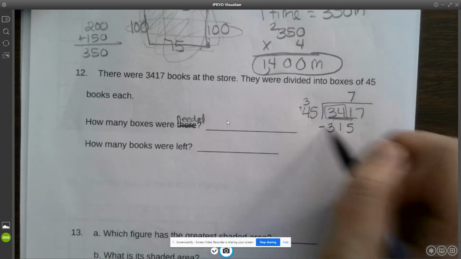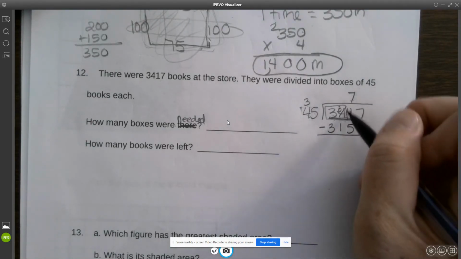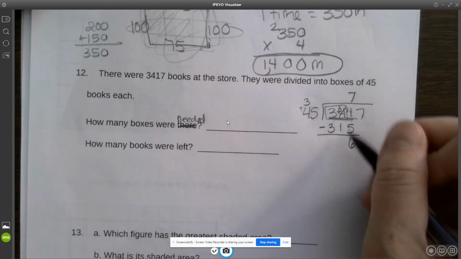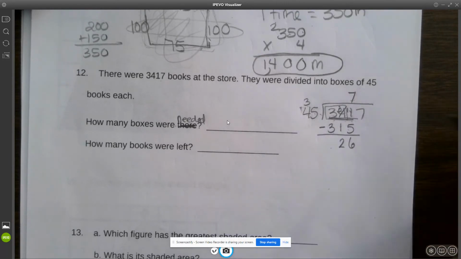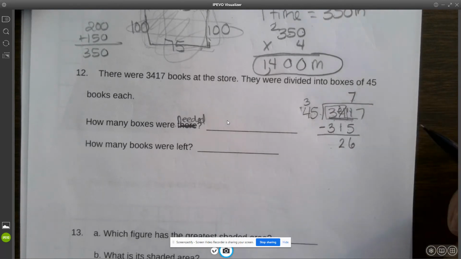Right now I can subtract. And I have to borrow. This becomes a 3, that's an 11. 11 take away 5 is 6. 3 take away 1 is 2. And that's nothing. Now check, is 26 less than 45? Yes. If we had done 8, we would have had a way bigger number than 45.